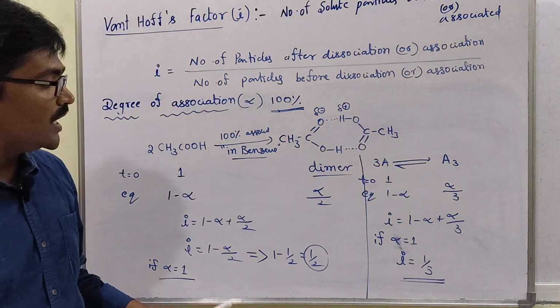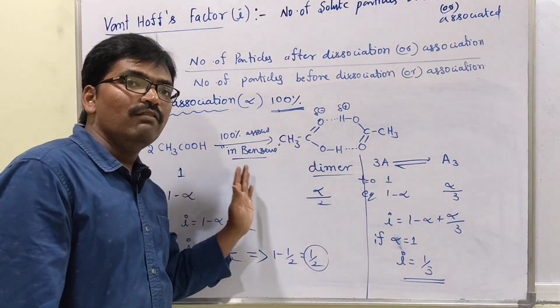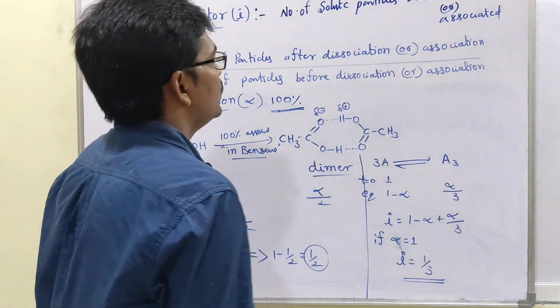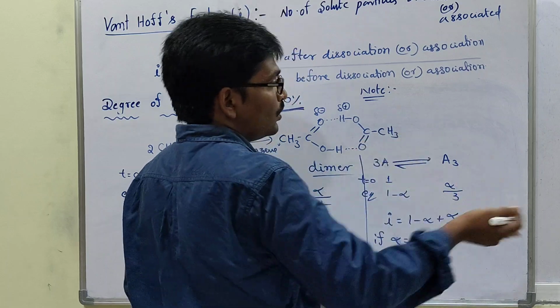So when association happens, the van't Hoff factor I value becomes less than 1. You have to note that point once again. When dissociation happens, it becomes greater than 1.